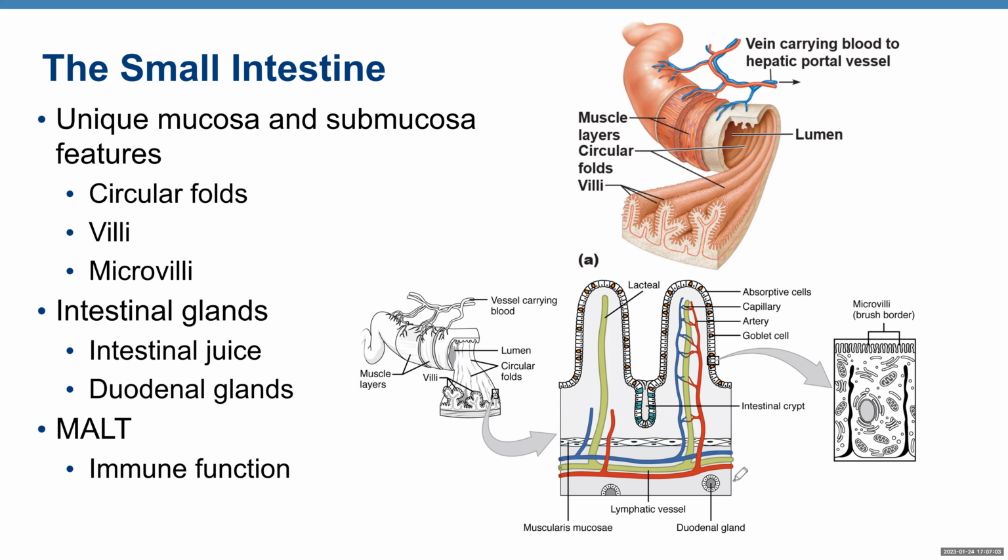The MALT will be found in the walls of the small intestine, where you will find lymphatic vessels right over here, and a lot of white blood cells that help with immunity.